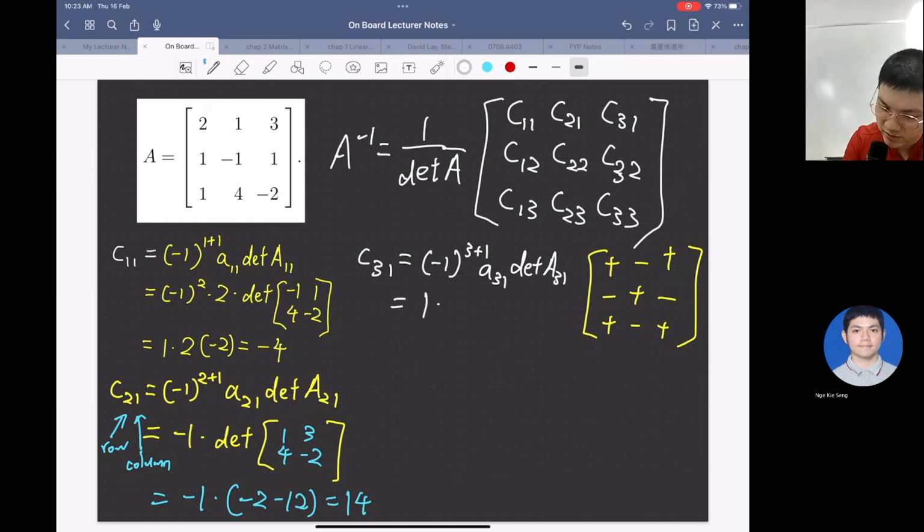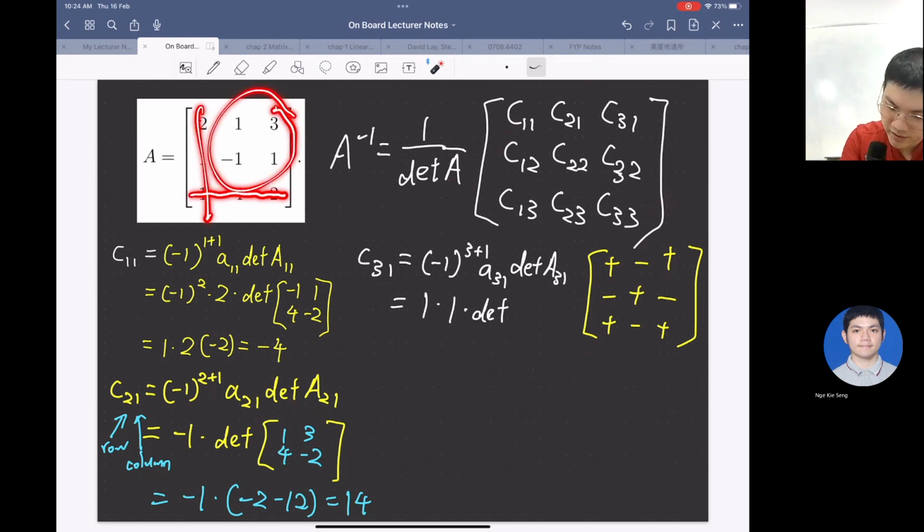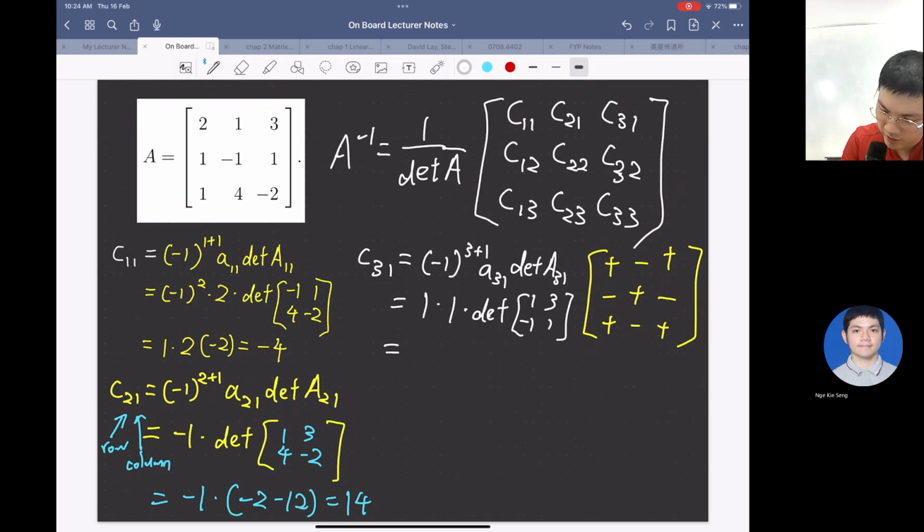The determinant of A31 is with the third row and first column removed. So you get minus 1, 3, minus 1, 1, and then you get 1 plus 3, which is 4. So this is C31.